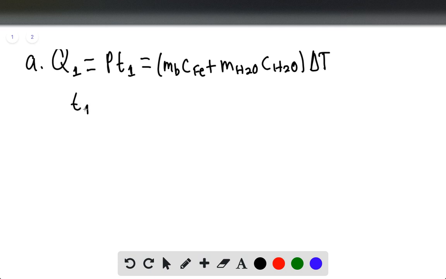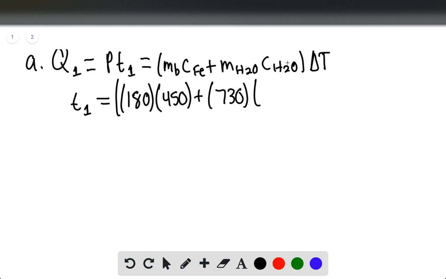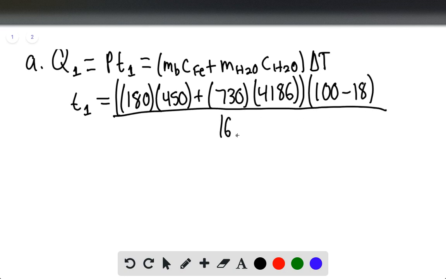So T1 would be equal to 180 times 450 plus the mass of the water, so this will be 730, and then specific heat of water, 4,186 joules per kilogram per degree Celsius, and then close parentheses, times 100 minus 18, all divided by 16,111.111.